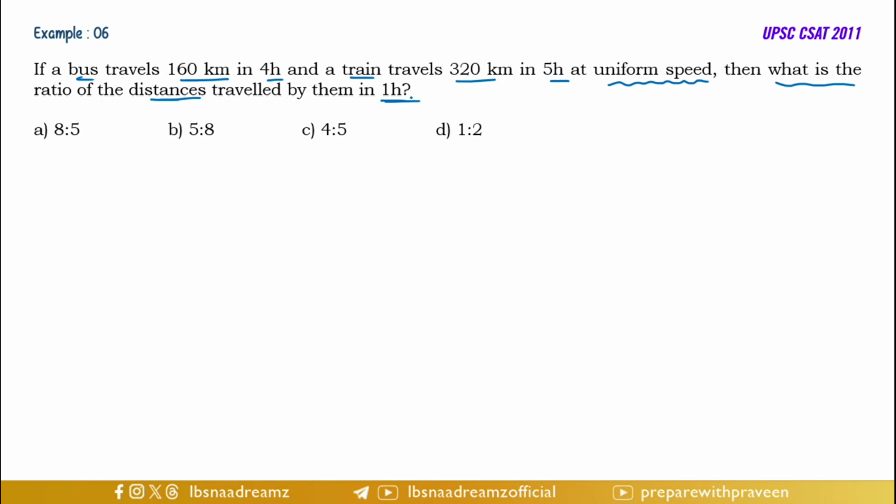So they are indirectly asking you the speed. For example, if I say my car is traveling 60 kilometer per hour at uniform speed, which means I can travel 60 kilometer in 1 hour, right?